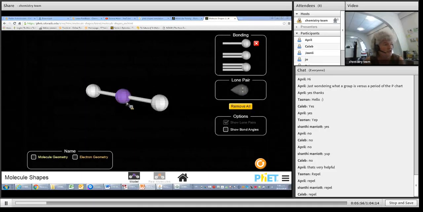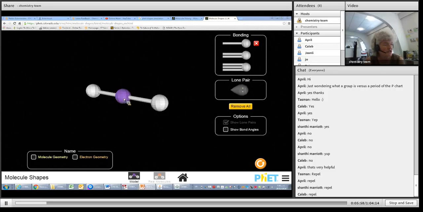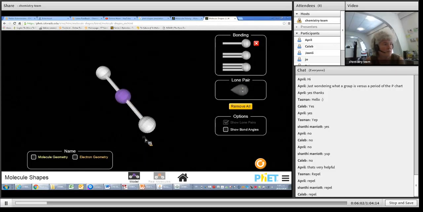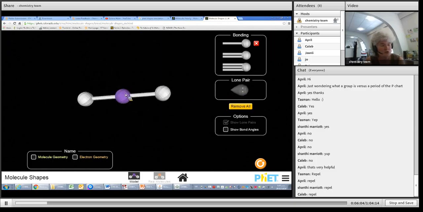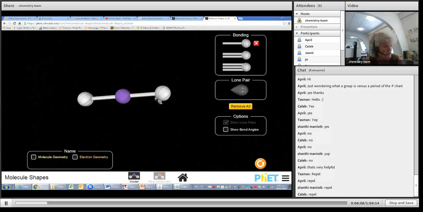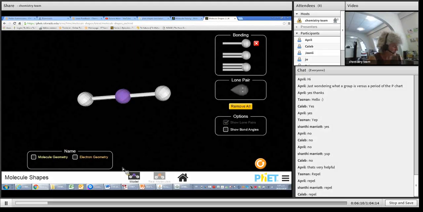Here's an example of a molecular shape that's just got two bonds to it, so it's got two areas of negative charge. Now can you see? I know it's a little bit on the small side. I'll see if I can make it bigger.